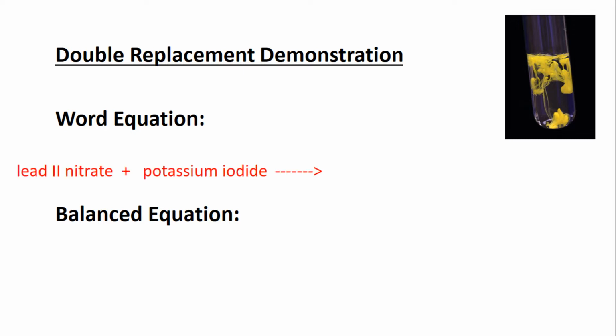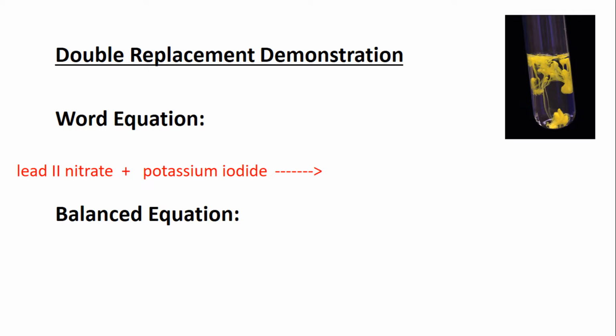The first solution was called lead 2 nitrate, and the second potassium iodide. Much like the picture that you see, when the two clear, colorless liquids were put together, not only did we see something cloudy forming, it also had a yellow color.